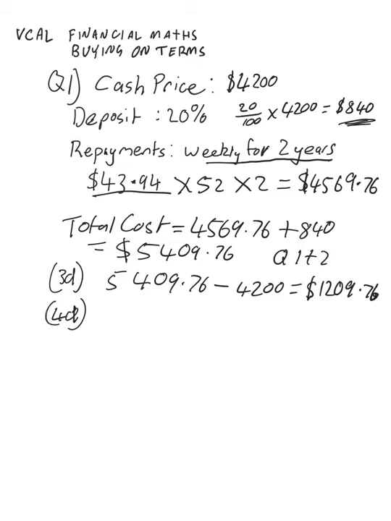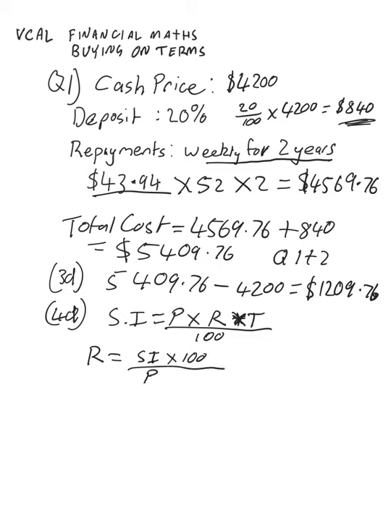So if we're doing that with this question, we start with the formula. Simple interest equals principal times rate times time over 100. Now we can rearrange this formula to get R, the rate, by itself. So the rate equals simple interest times 100 divided by the principal times time.